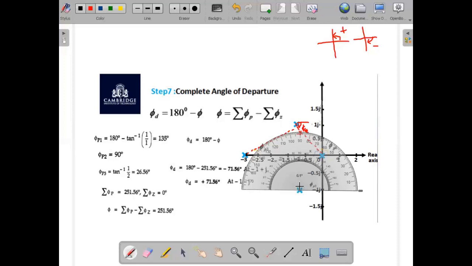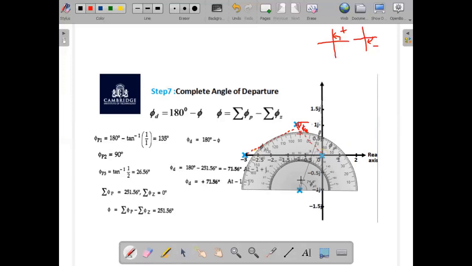I have placed the center of the protractor exactly here. Now we have to take the anticlockwise direction and mark plus 71.56 degree. So this is 70 degree and this is exactly 71.5 degree. 71.5 exactly comes here. Let me mark this.